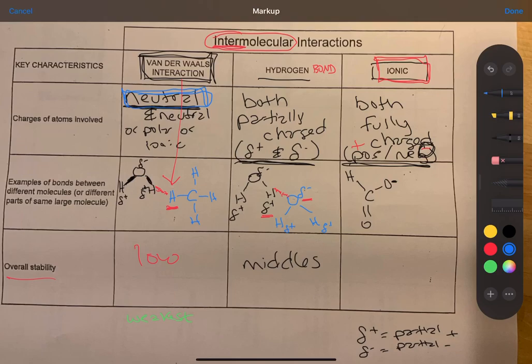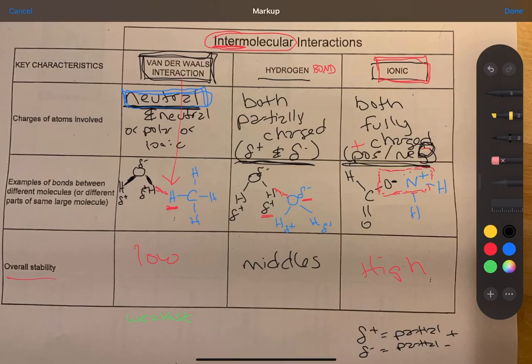And maybe that's next to a neighboring molecule that's like a positive nitrogen bound to a couple of hydrogens. And so you're going to have this attraction between a fully negative and a fully positive atom happening here. And this is going to be high stability because you've got full positives near full negatives.